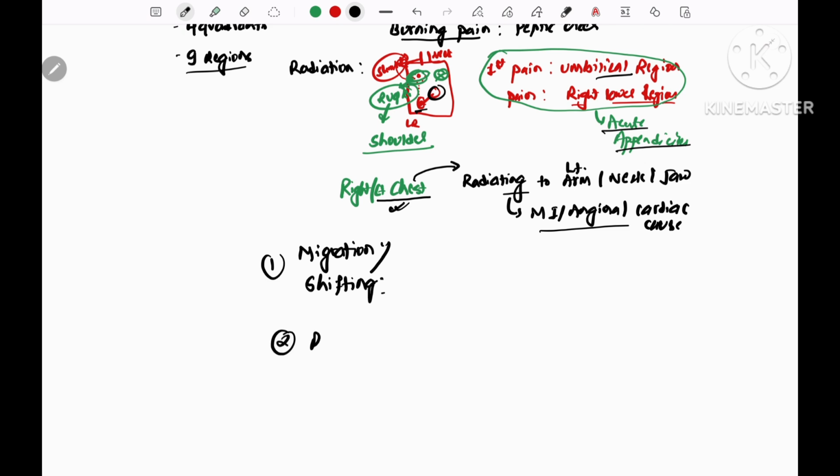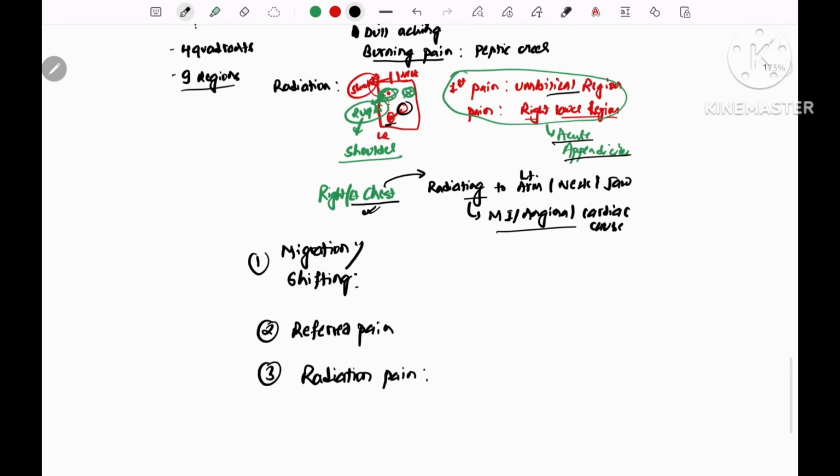The second one is referred pain, and the third one is radiation of pain. These are the three terms which we have to know. In migration or shifting of pain, I will mention two sides, A and B.